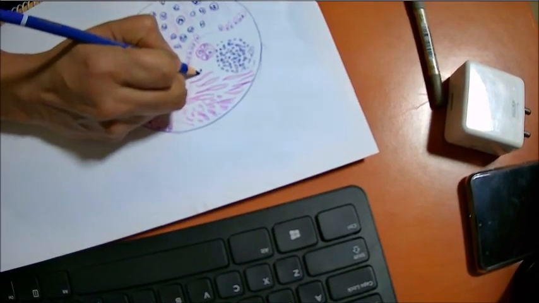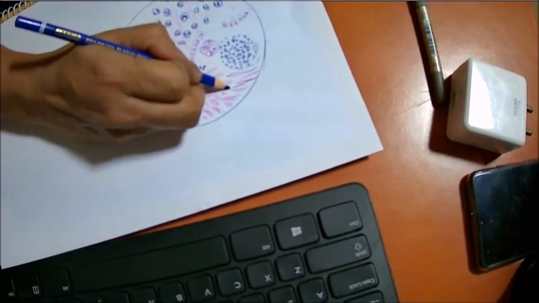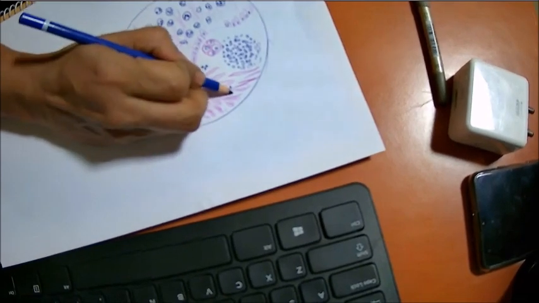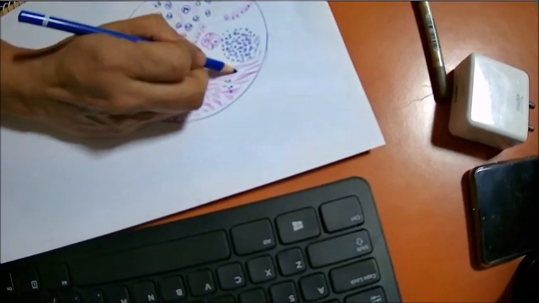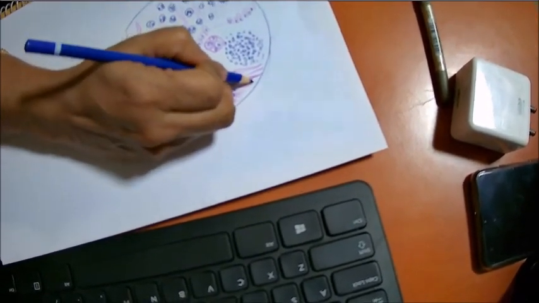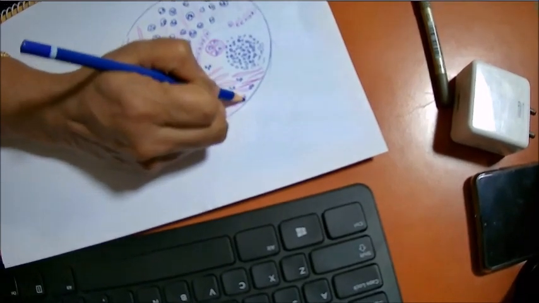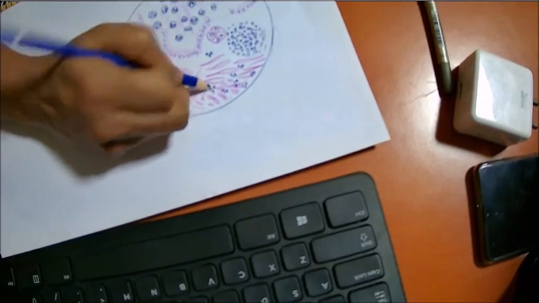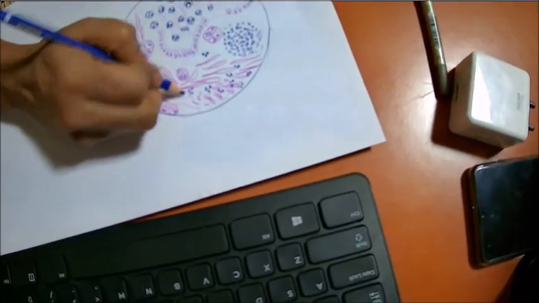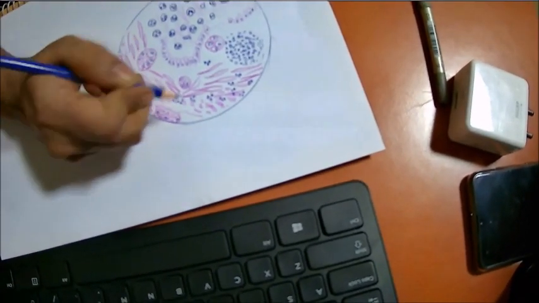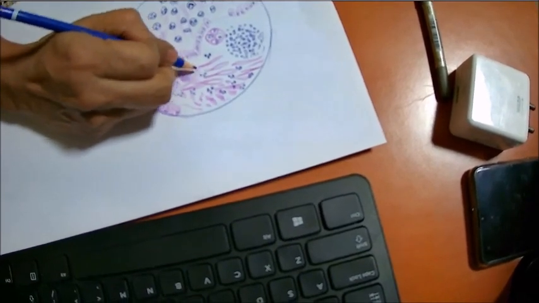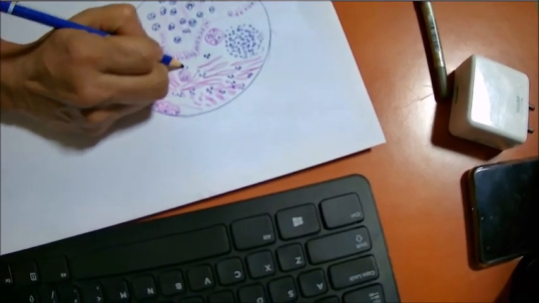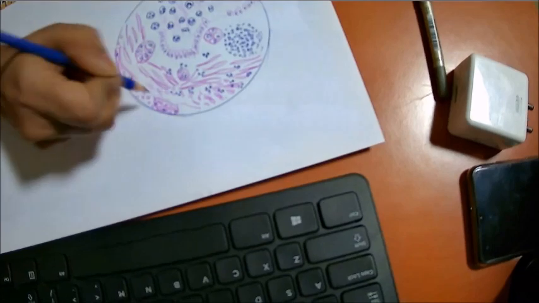Now the important feature is a lot of neutrophils. So transmural neutrophilic infiltration. I am drawing the outline of the nuclei, so that I am drawing the nuclei themselves. So it's easy to draw the cellular marking or the cell outline.